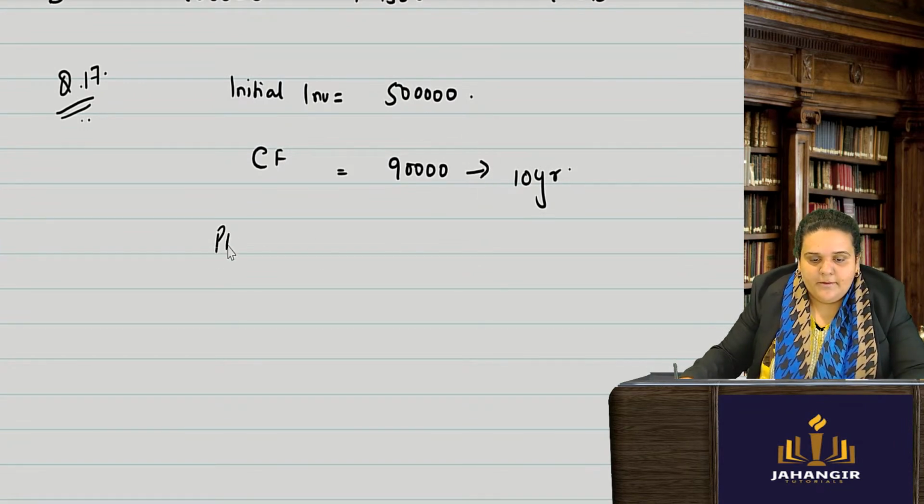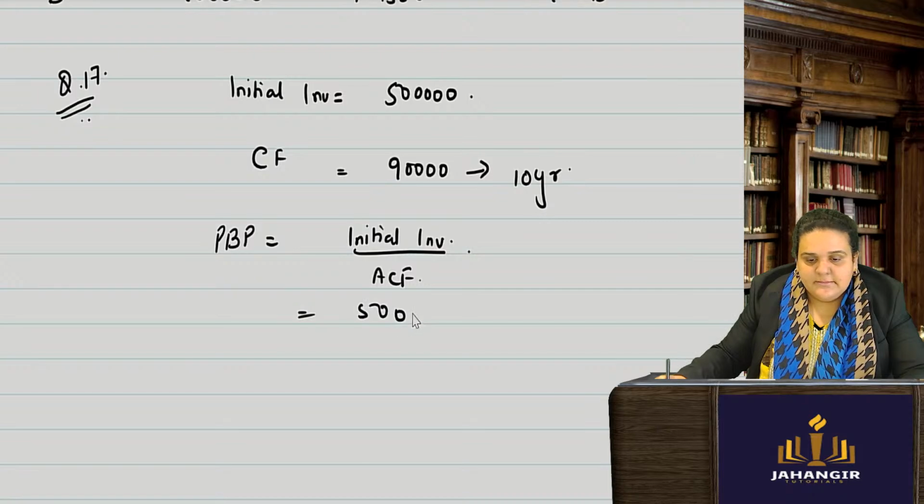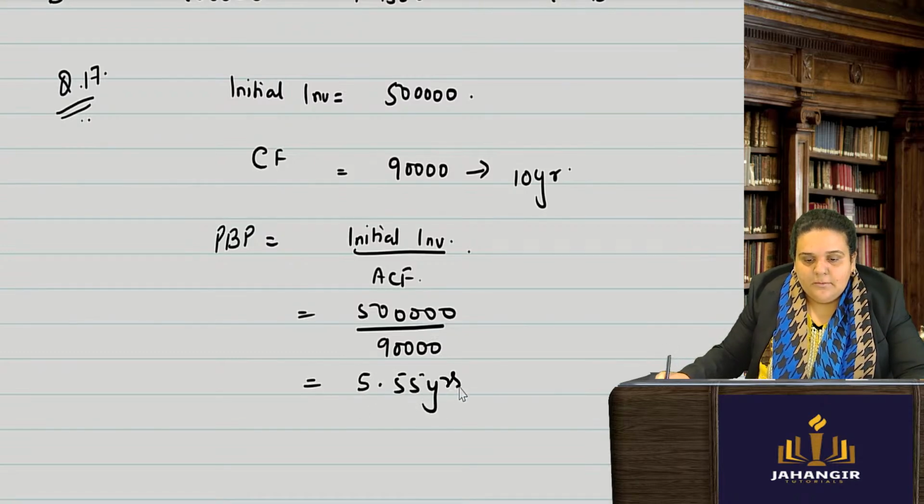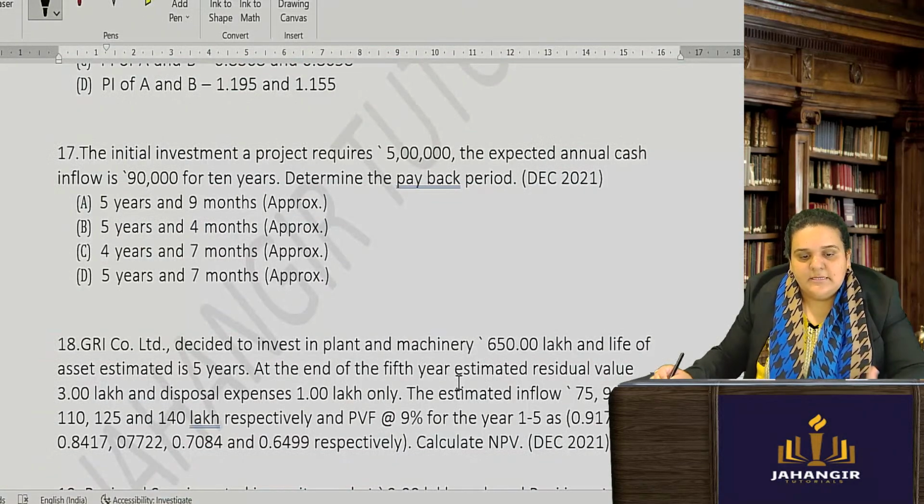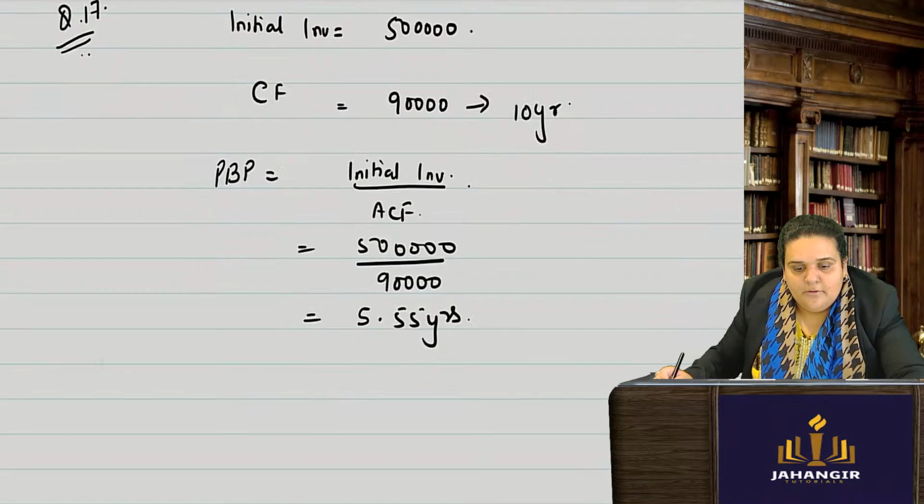So, my payback period will be initial investment upon my annual cash flow. Initial investment is 5 lakhs. Annually, I am receiving 90,000. That means it will be 5.55 years. But the options are in years and months, so now I'll have to convert that. Okay.